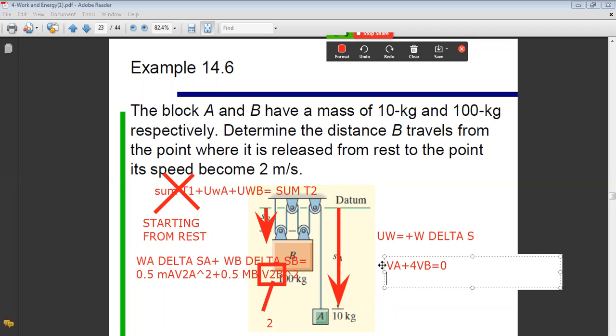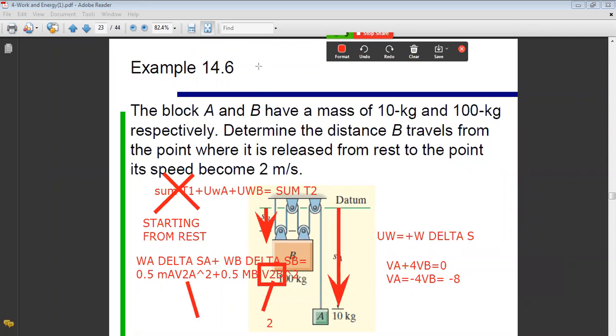This means that the velocity of A is equal to minus 4 times the velocity of B. And since B is moving downward with a velocity of 2 meters per second, we will have that VA is equal to minus 8. So A will go upward, and B will go downward. So here we can replace VA in this relation by its value, which is 8.